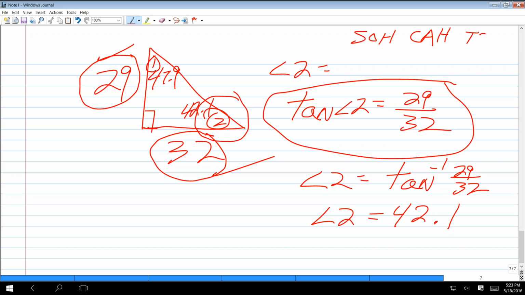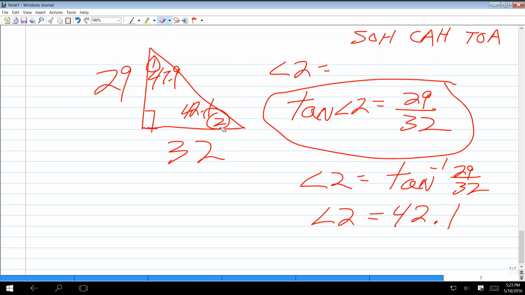Wait, when you're solving for the angles, it's different though. Right. When you solve for an angle, you're always taking inverse trig functions. Okay? Well, notice what I did. I started out with a trig function.